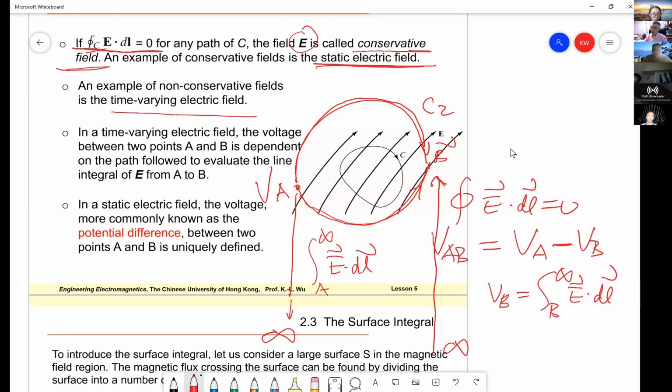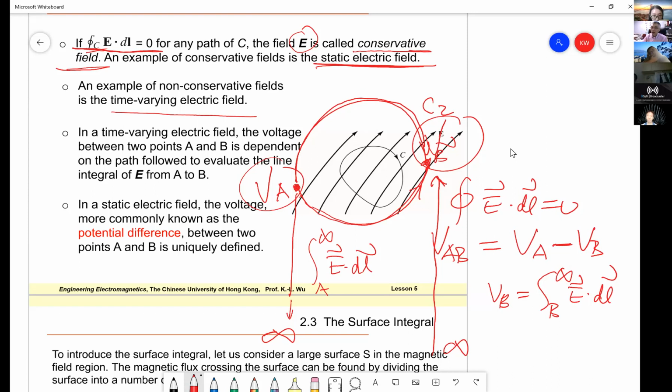Potential is the voltage between this point and the potential at infinity. That's why we say the potential at infinity is 0, because the potential minus 0 is the potential itself. So if I measure the difference of these two voltages at the two points, I define the voltage between these two points.